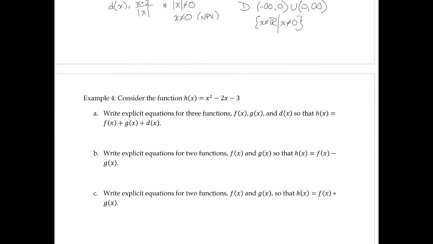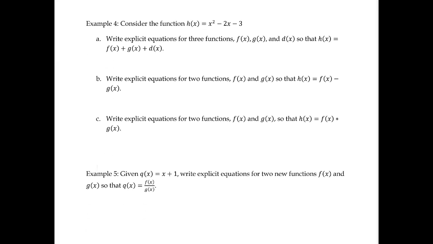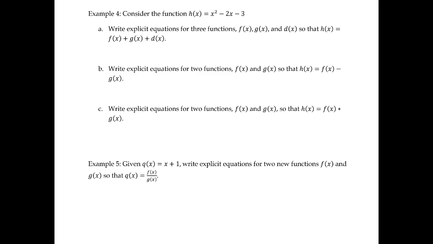Alrighty, so we've got example 4 and 5, and then we're done. So stick with me, we're almost through this lesson. If we consider h of x, and we know that it's 3 explicit functions that we're adding together, so f, g, and d combined so that we made h, I would want to do this as simply as possible.